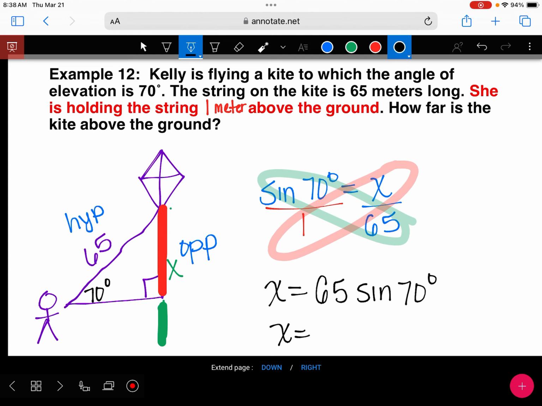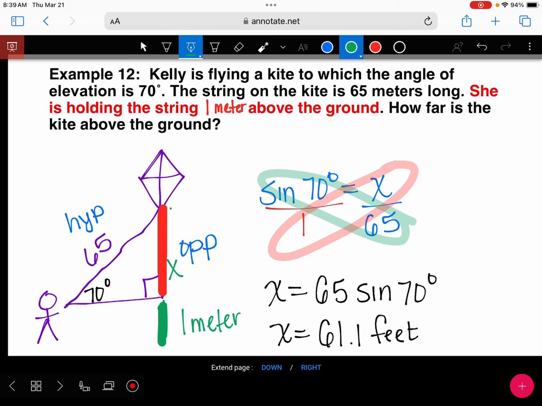And what did you all get for that? 61? No decimal? 61.08 or 61.1. Okay, so is it 61 or 61.1? 61.1. So 61.1 feet, but that only gives us this distance. And remember, she's holding it 1 meter above the ground.